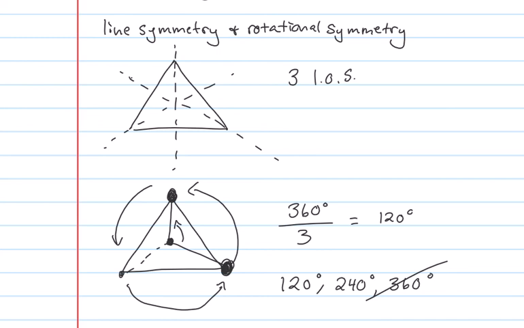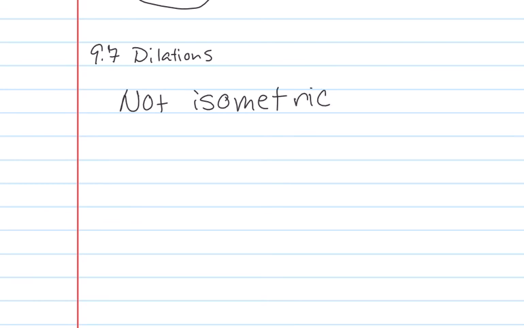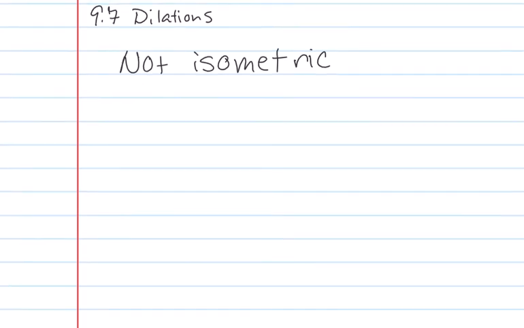Alright, and then lastly in 9.7 we have dilations. Dilations are the only non-isometries. They're not isometric, which means since they are either reducing or enlarging, they do not maintain the same measures, the same lengths.